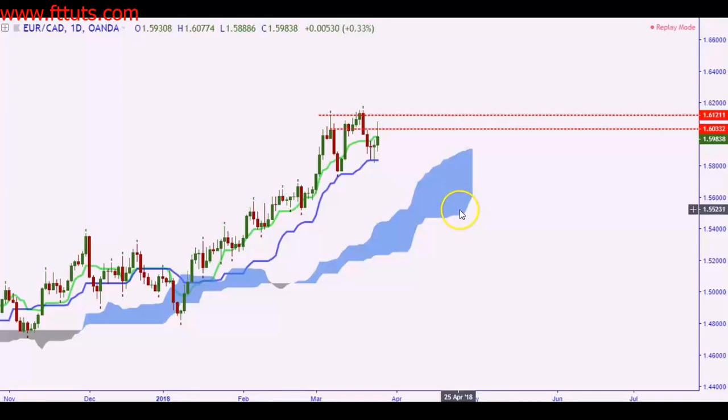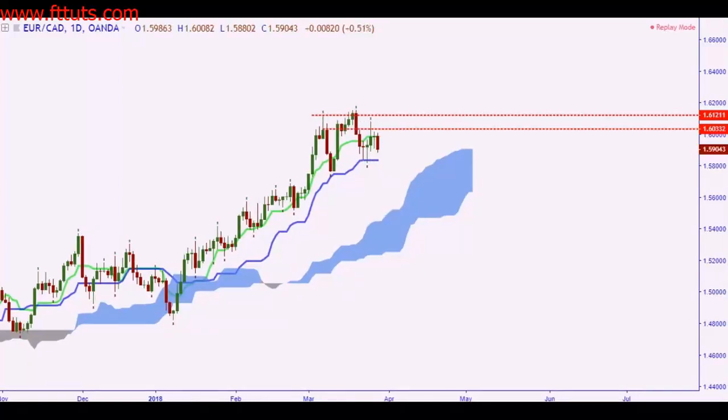Now, we have angulation on span B, but span A still is angling to the upside, but our cloud is thicker. But now we're starting to angle together. I have a first fractal here at the Kijun-sen, a flat Kijun-sen, and you can see how my span A is starting to flatten out.